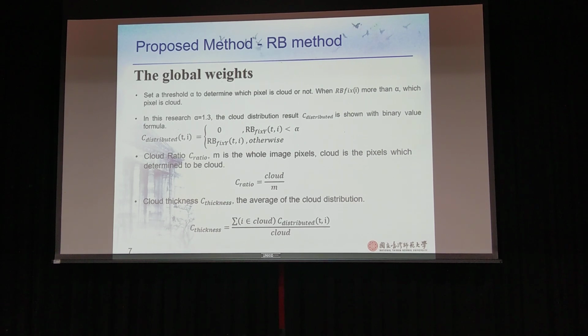These judged results are presented by binarization of cloud distribution result, C distribution. The cloud ratio is to calculate what proportion of the entire image is determined to be cloud, and the cloud thickness is to calculate the average value of the pixels that are cloud.